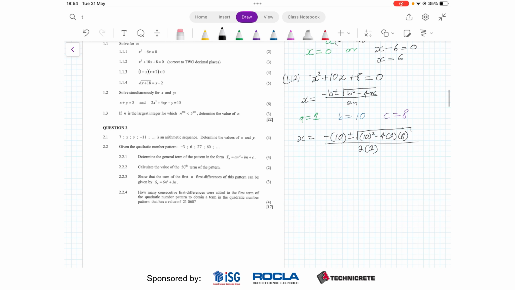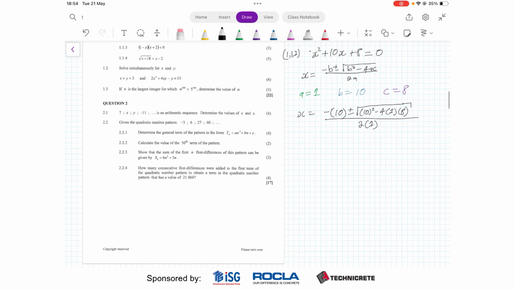Okay, and now your answer will be equal to minus 10 plus or minus the square root of 68 divided by 2.